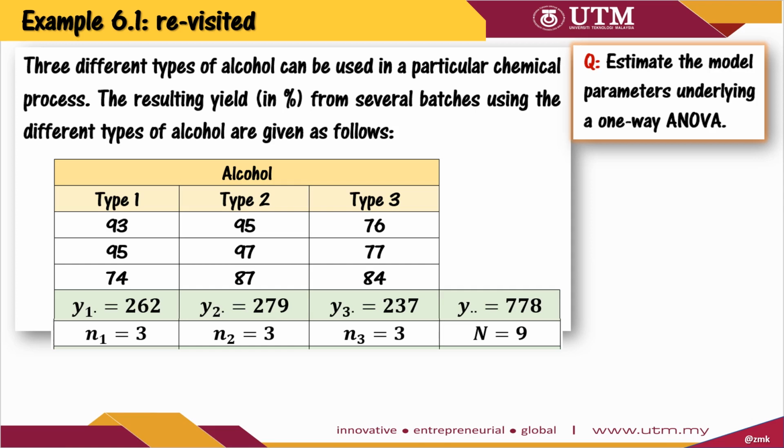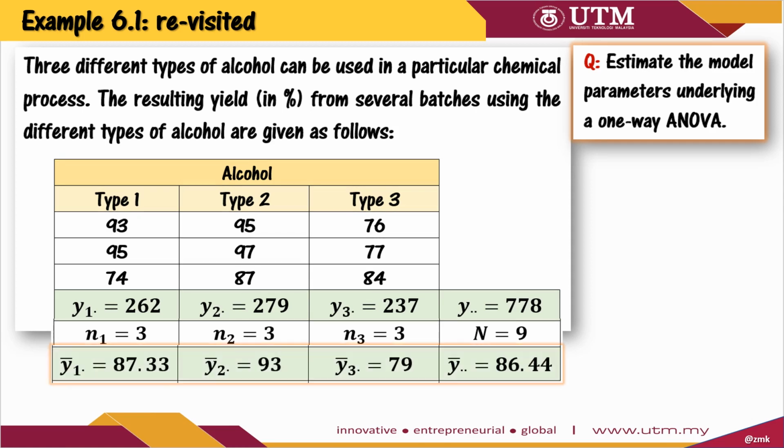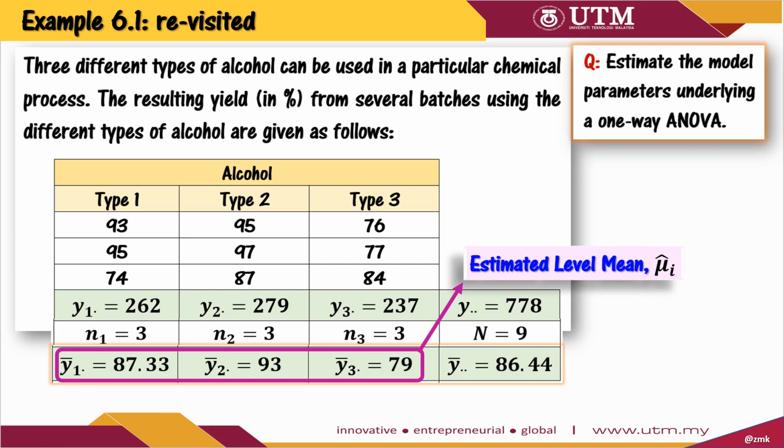Dividing the level total yi dot by the corresponding sample size ni, you will get the sample average for each level given by y bar i dot. These level or group sample averages are simply the estimated level means denoted by mu hat i.